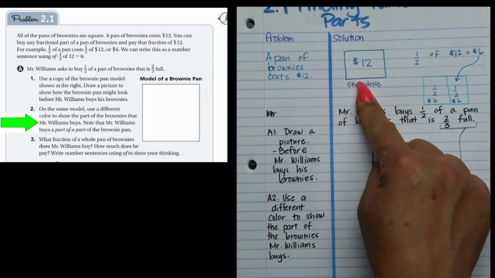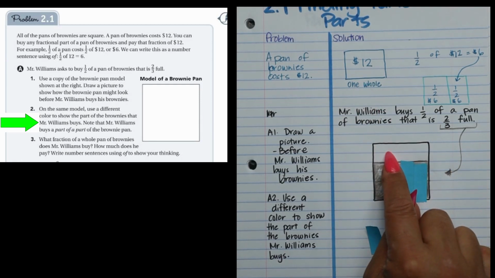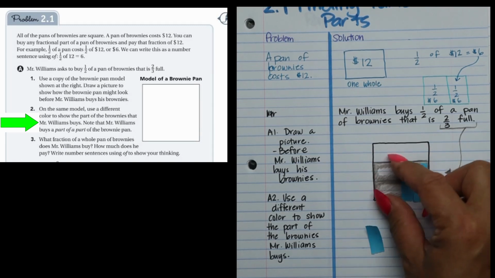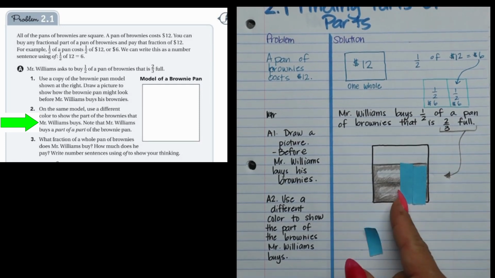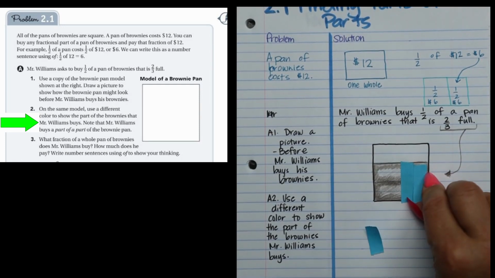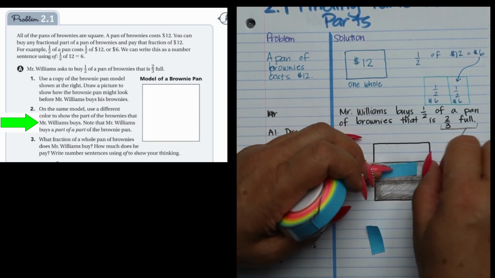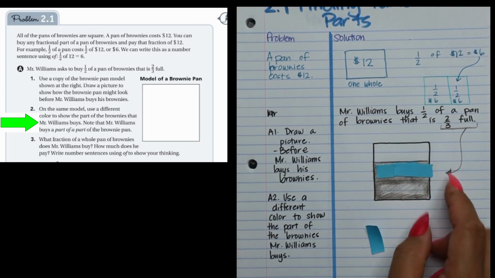So he has one whole, but someone bought 1/3 of the pan. So he says, okay, let me have half. So he can either have half going vertically up and down, or half going from left to right or horizontally this way.